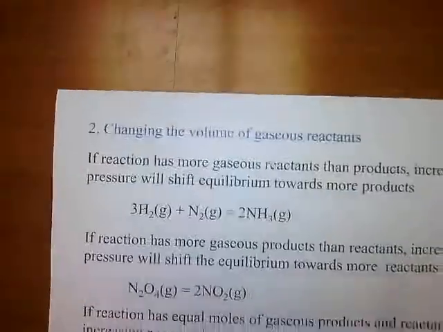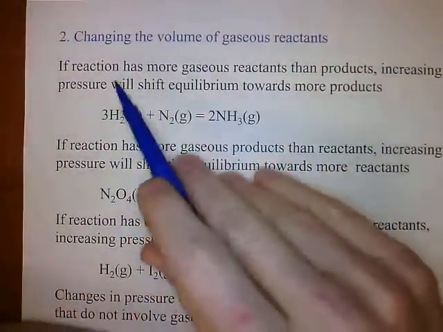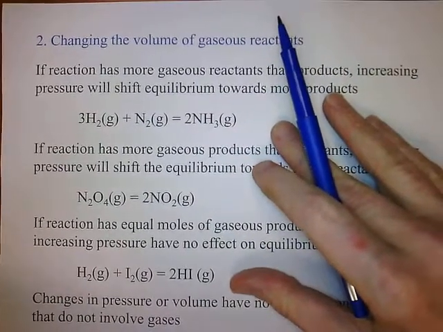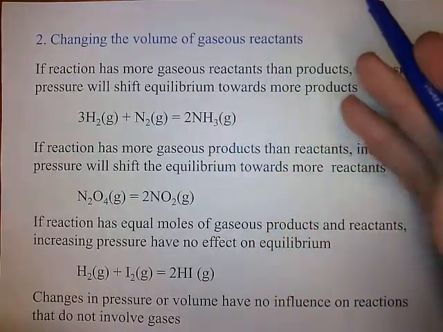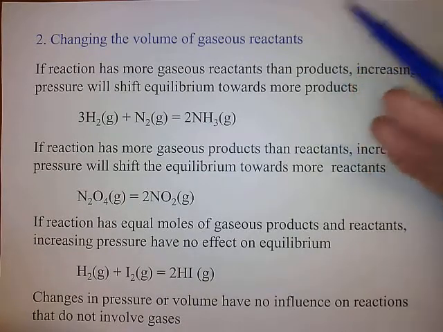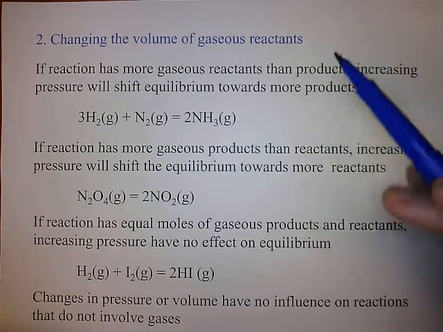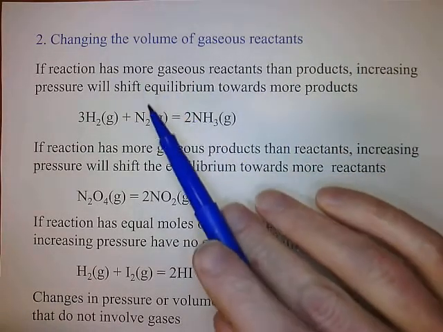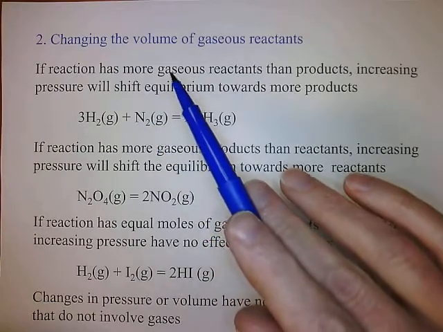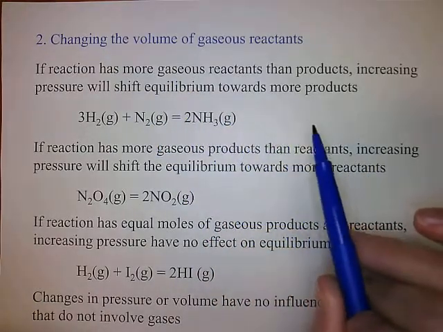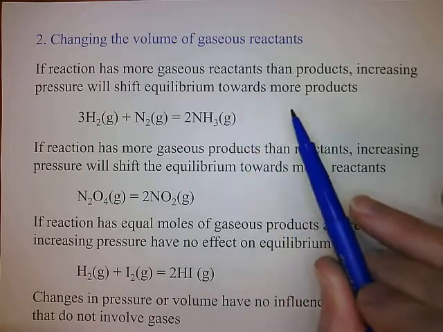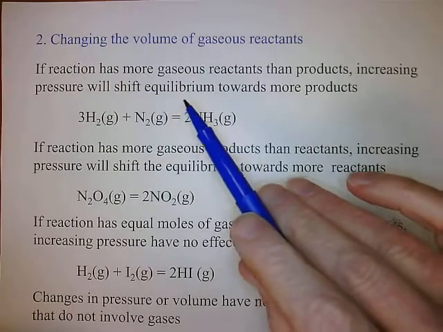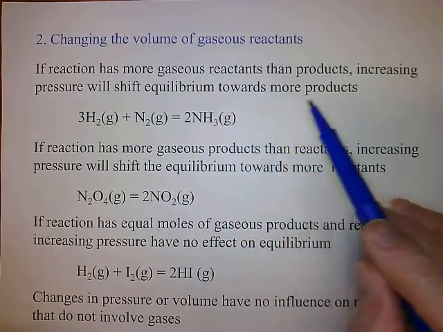Now, if your reaction involves gases, another thing that we can do is change the volume, basically, or change the pressure. Changing the volume has the effect of changing the pressure. Okay, so if the reaction has more gaseous reactants than products, increasing the pressure will shift the equilibrium towards more products.